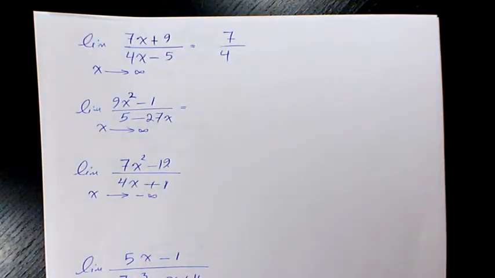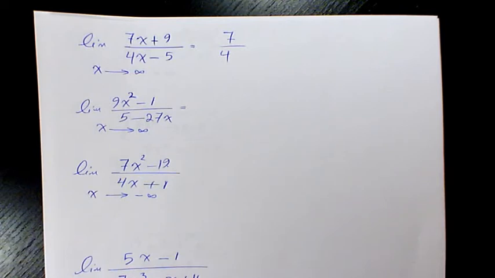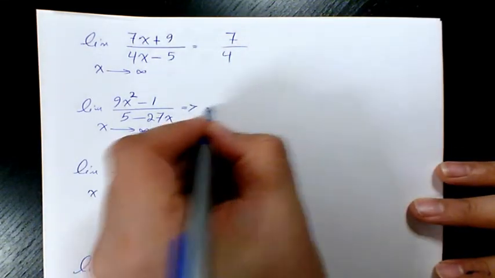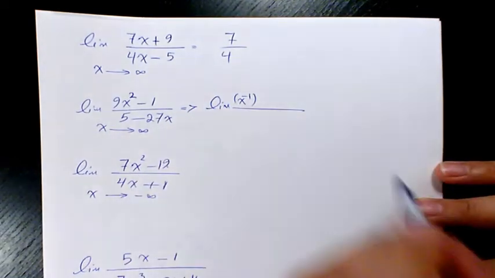Next one. The limit of 9x squared minus 1 over 5 minus 27x when x is approaching infinity. In this case, as you see here, the order of the numerator is 2 and the order of the denominator is 1. So when x is approaching infinity, the answer has to be infinity. Let's check. I basically multiply both denominator and numerator by x to the power of negative 1.